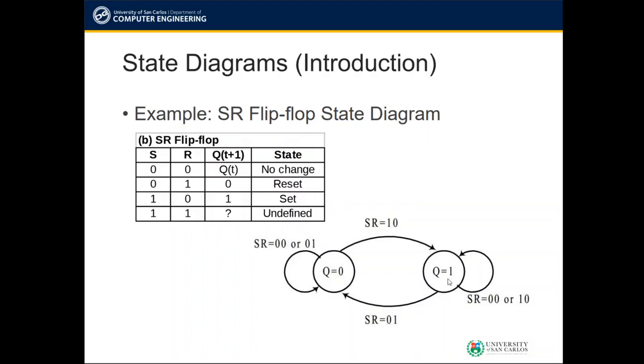It only changes when the SR value is 0, 1, or reset state, if the present is Q1, and then it changes to Q0 for the next state. So that's how you create your state diagrams.